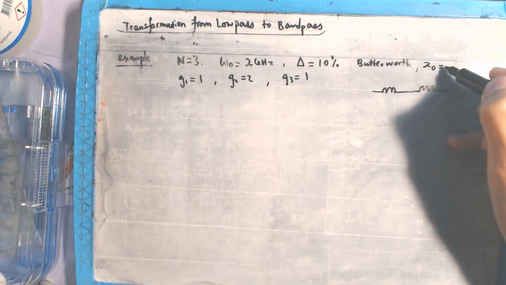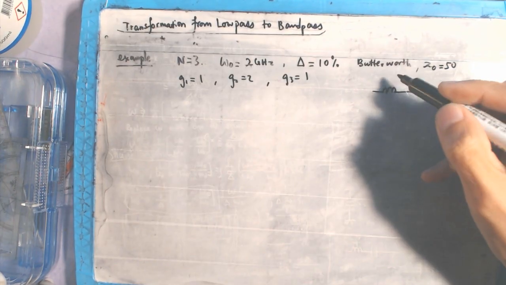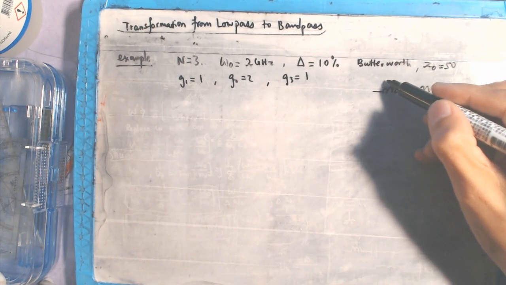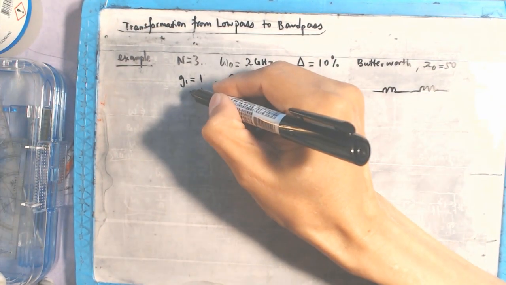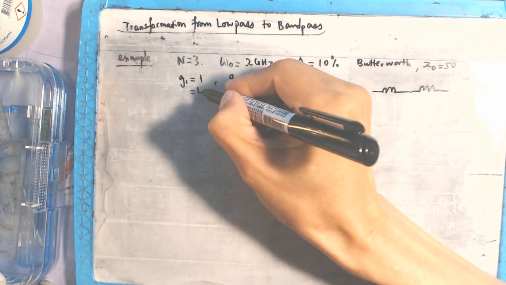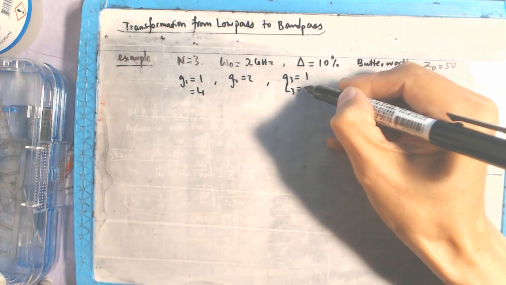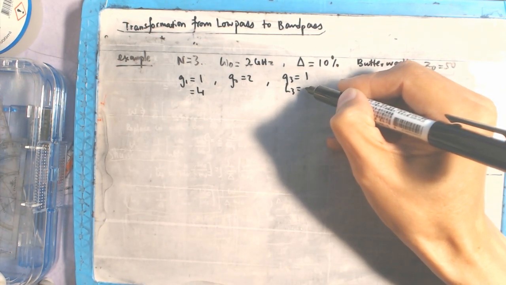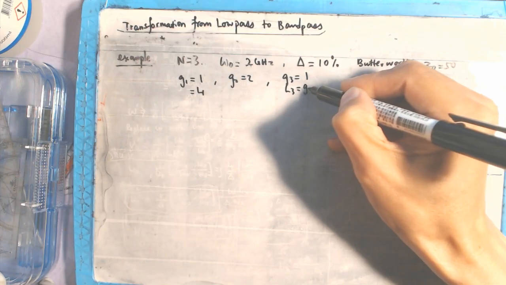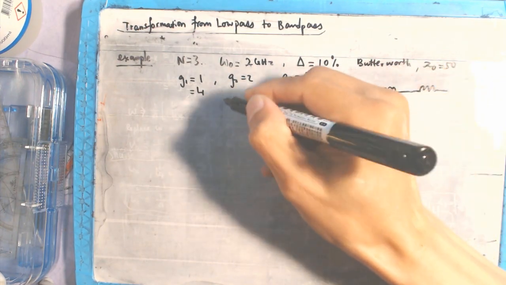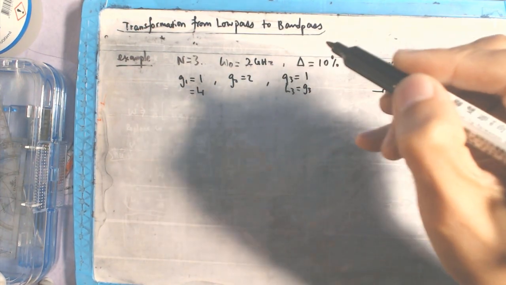So you will get L1 is equal to G1, L3 is equal to G3, and C1 equal to 2 (G2).